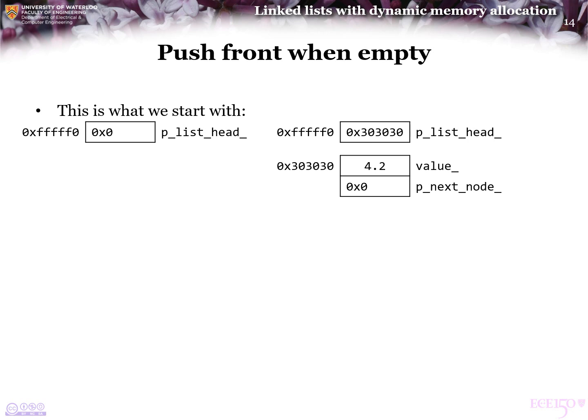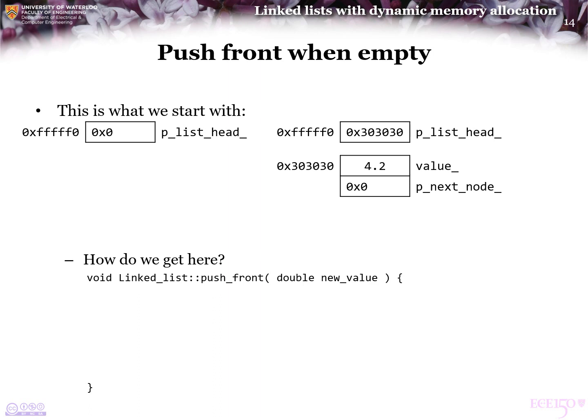It should be storing as pointer to next node the null pointer, but we want to assign to list head the address of this new node. So how are we going to get to this point for this linked list?